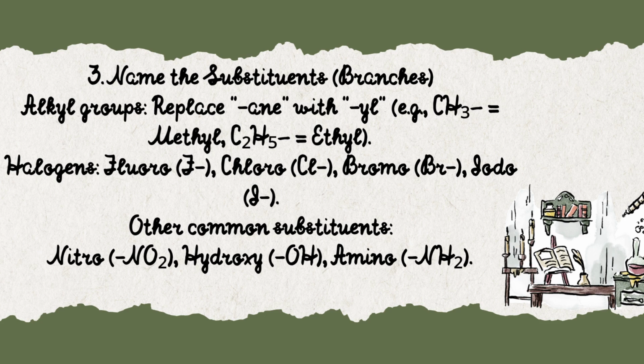For example, if the parent chain is attached to the methyl group, it will be named as methyl, ethyl, propyl, that is ane will be replaced with yl. And if halogen groups are present, they will be named as fluoro, chloro, bromo, iodo. Other common substituents include nitro group, hydroxy group, and the amine group.